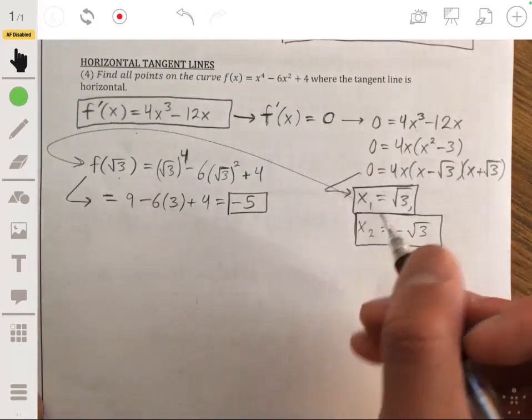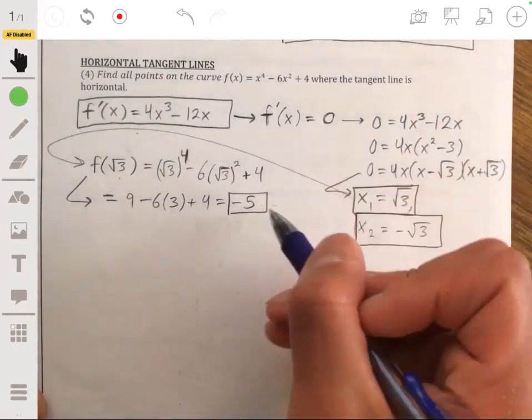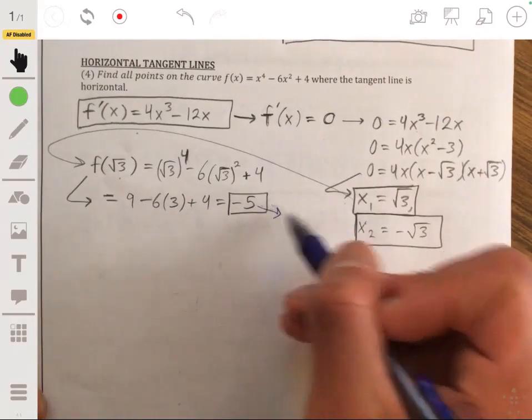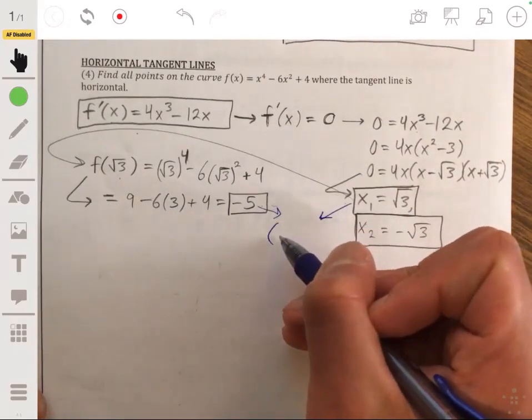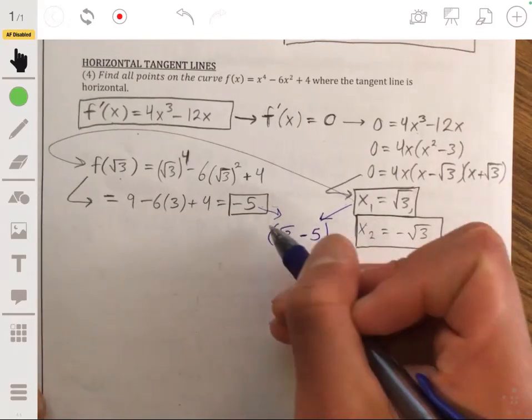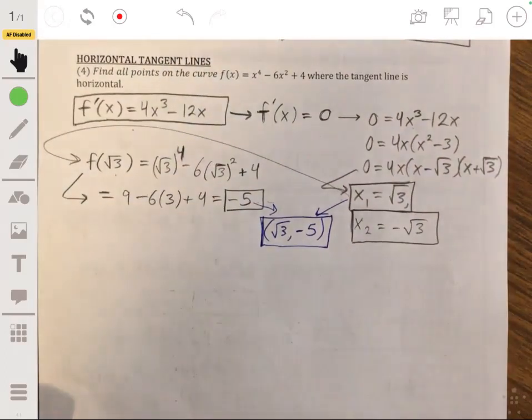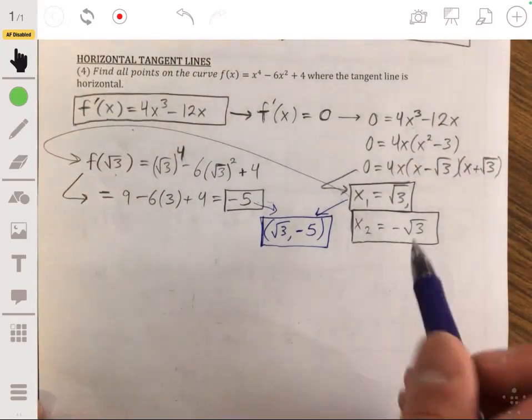And so then putting these together, we get one point at the square root of 3, comma, negative 5. Now let's find the other one.